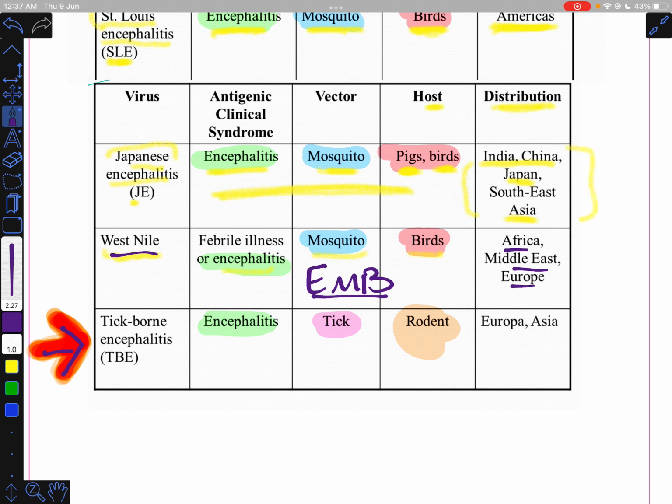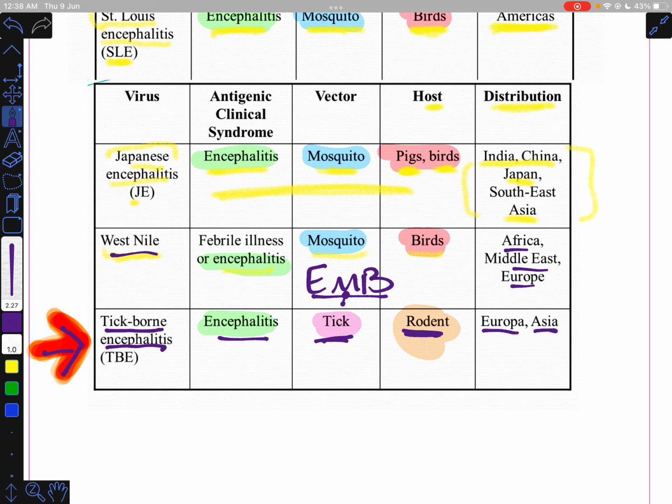We said that we have two arrows or two exceptions, the special arrow. We find it in tick-borne encephalitis. Tick-borne encephalitis, and the vector is a tick, not a mosquito. What about the host? The host is rodent. Okay, and we find tick-borne encephalitis in Europe and Asia.